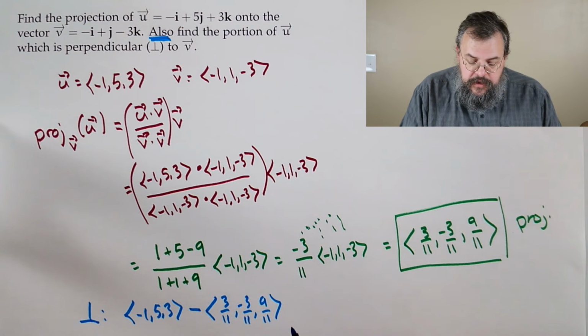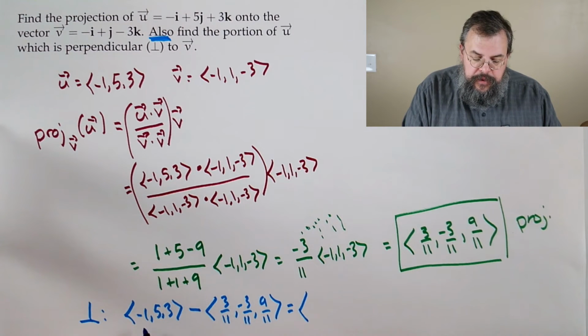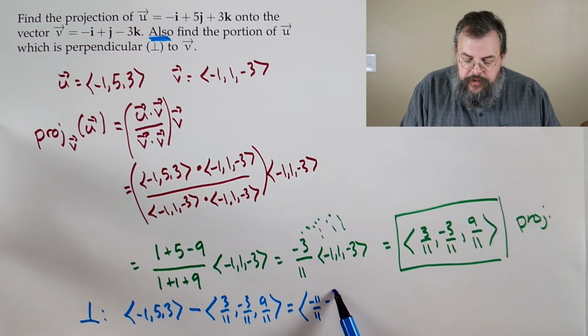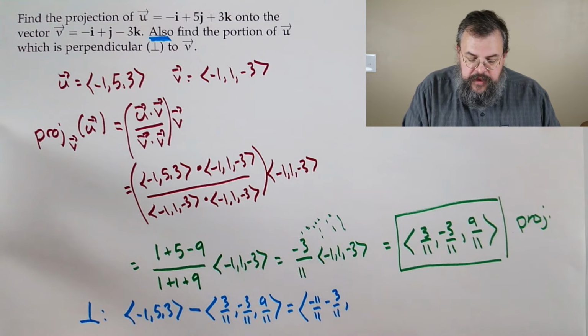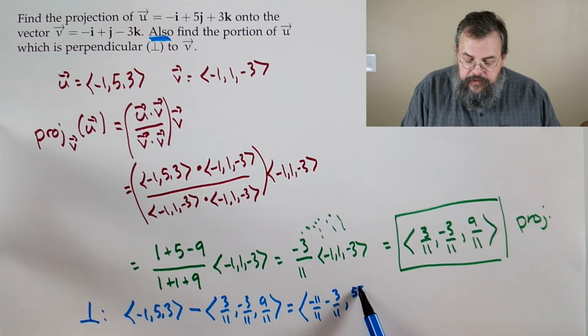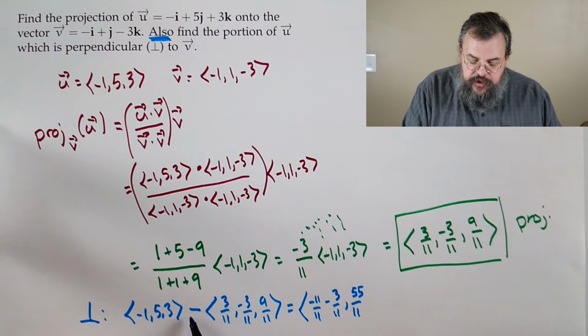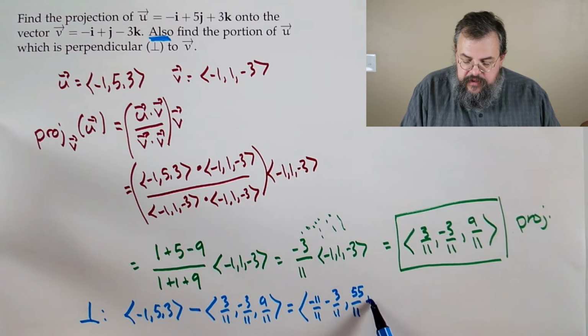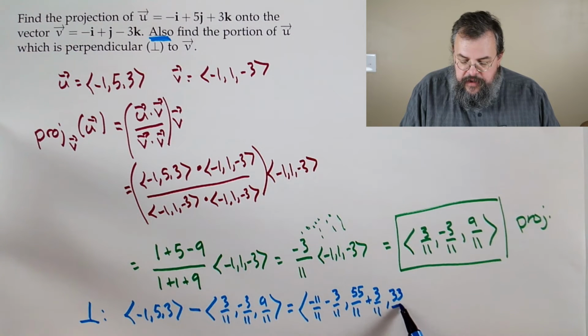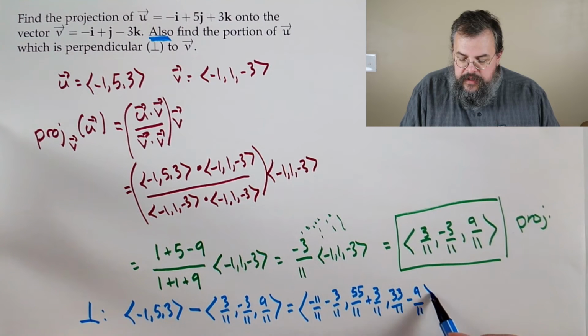Now, what can we do? Well, we can just think of this entry by entry, so put things into 11ths. So this is minus 11 over 11, subtract 3 over 11. Here would be 55 over 11, subtract -3 over 11, so plus 3 over 11. And then 3 is 33 over 11, subtract 9 over 11.